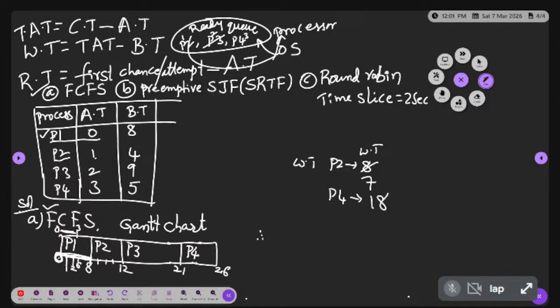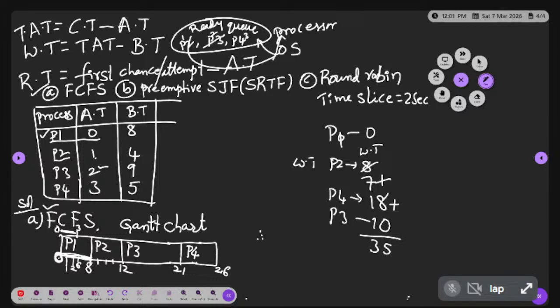18 seconds only is the waiting period. P1 is 0, then P3: 12 seconds is the waiting period according to this, but it arrived after 2 seconds, so 12 minus 2 is 10. Then 0 plus 7 plus 18 plus 10 is 35.